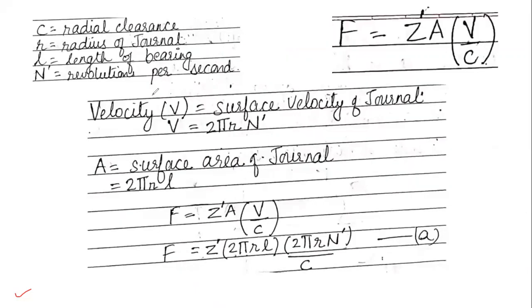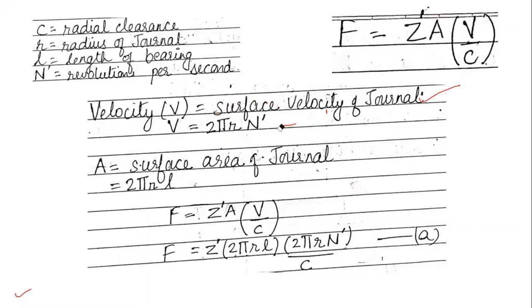So if we want to find the velocity, we can find the surface velocity of the journal, right? To find the surface velocity of the journal, we can write pi d, that is circumference, into N dash, that is 2 pi r into N dash. Pi d into N dash, this is pi, d is nothing but 2r, so you can see here 2 pi r into N dash.